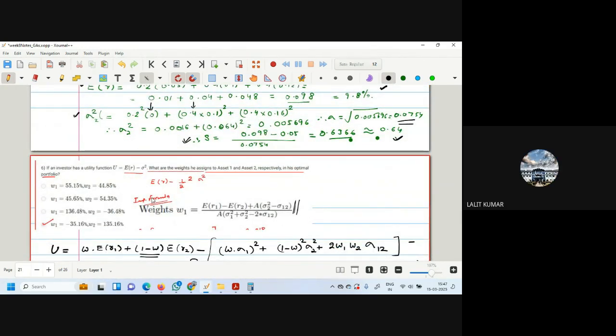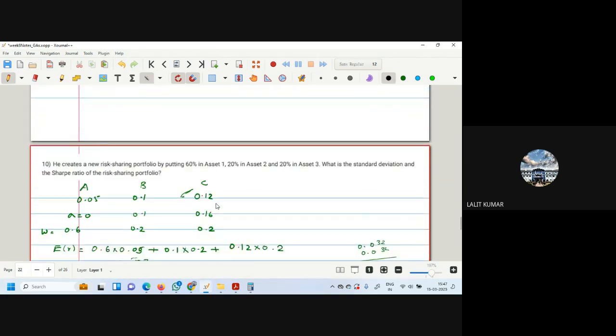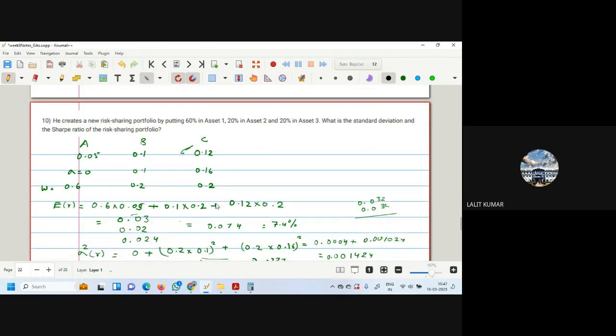Okay. So now we had solved this. Now what he is saying, now he creates a new risk sharing portfolio by putting 60% in asset one, 20% in asset two, and 20% in asset three. So what is the standard deviation and the Sharpe ratio?